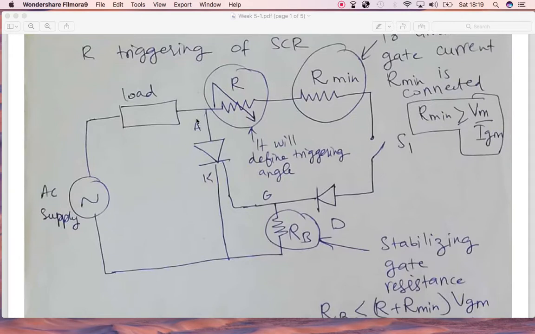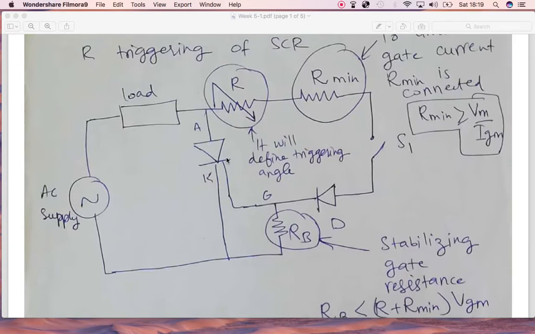When the SCR is in forward bias and it is on, the current will pass through here, and when it is off, the current will not pass through here, and no voltage will appear across the load.